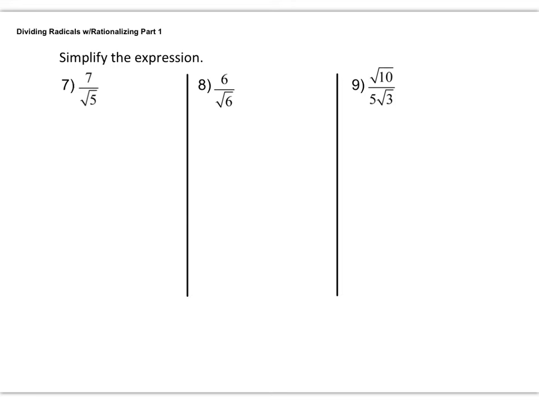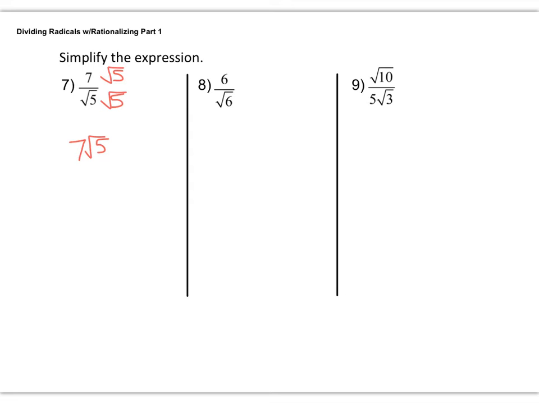Number 7. Again, we're only going to get into some very basic ones today. The directions say to simplify. I need to simplify because there's a radical on the bottom and we don't want to leave a radical on the bottom. So to get rid of that, we will multiply top and bottom by whatever that radical is. So on the top, 7 times radical 5 is 7 radical 5.